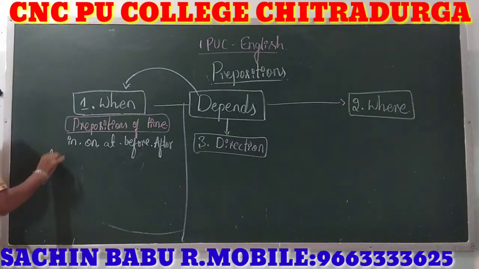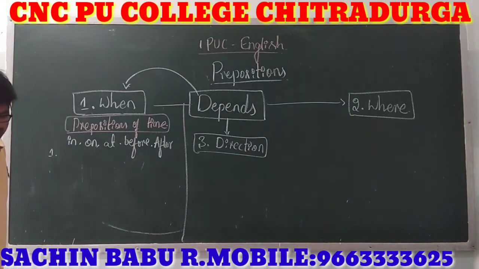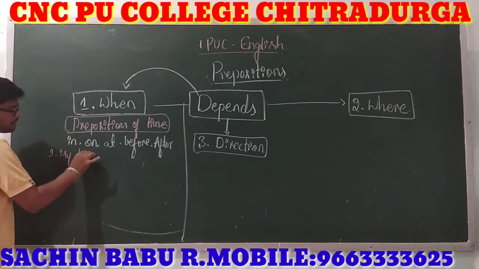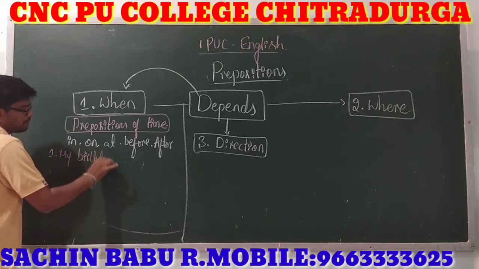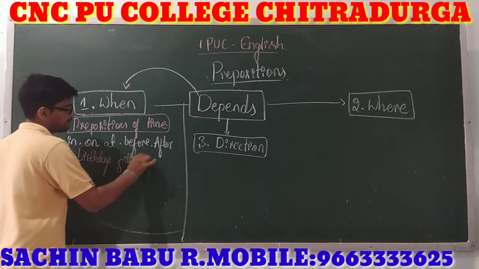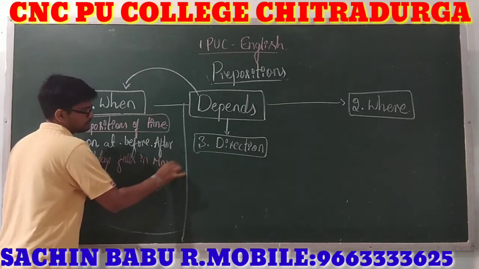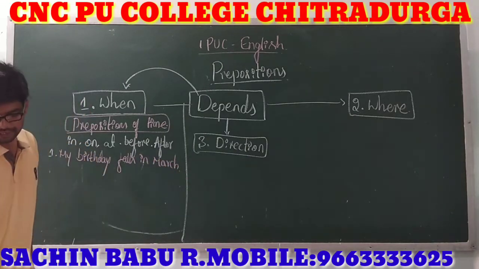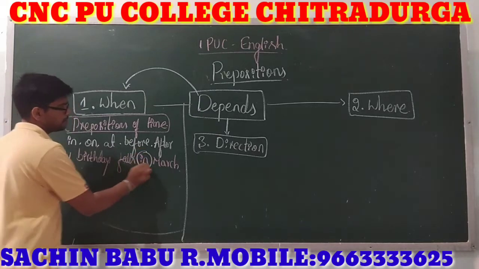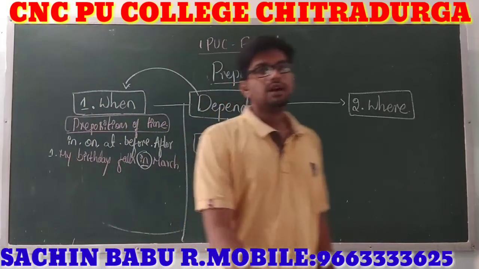The first example: my birthday falls in March. My birthday falls in March. Now look at here how the example I have given.